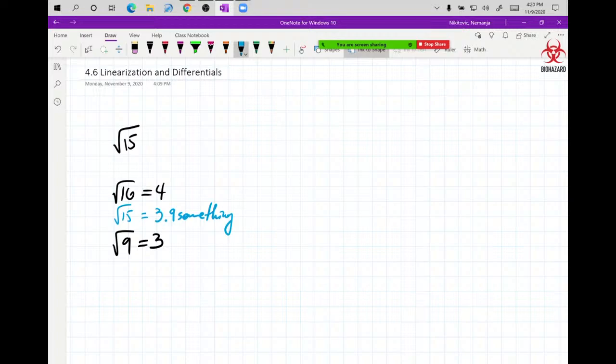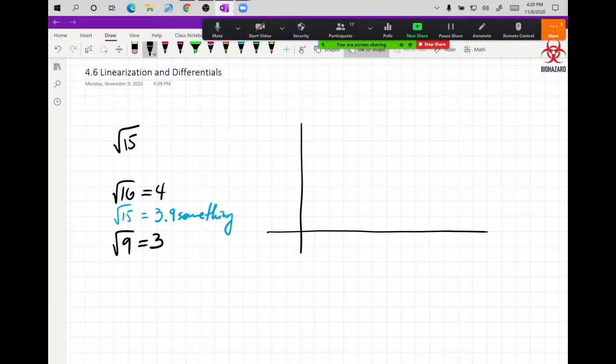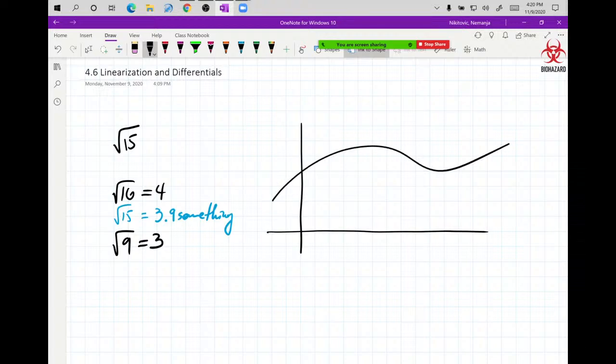with cheap calculation. Now, I'm going to explain that graphically first. So I can draw x, the square root of x function, but we can also draw any other function.